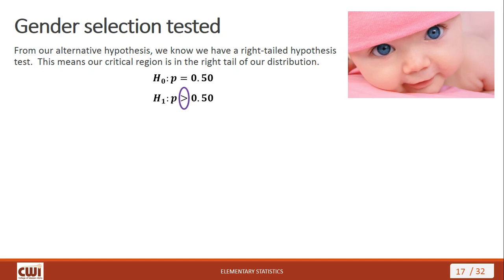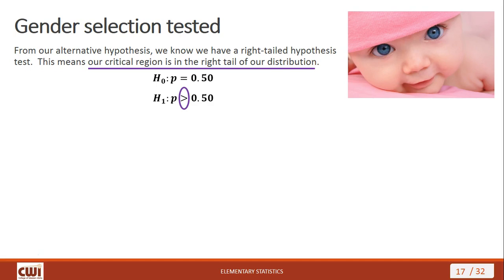We know we have a right-tailed hypothesis test because look at our alternative hypothesis. It's using the greater than sign. You can think of this like an arrowhead pointing in the direction where the critical region is. So here we have an arrowhead pointing to the right. So our critical region is on the right side of our distribution. We have a right-tailed hypothesis test. This means the critical region is in the right tail of our distribution.